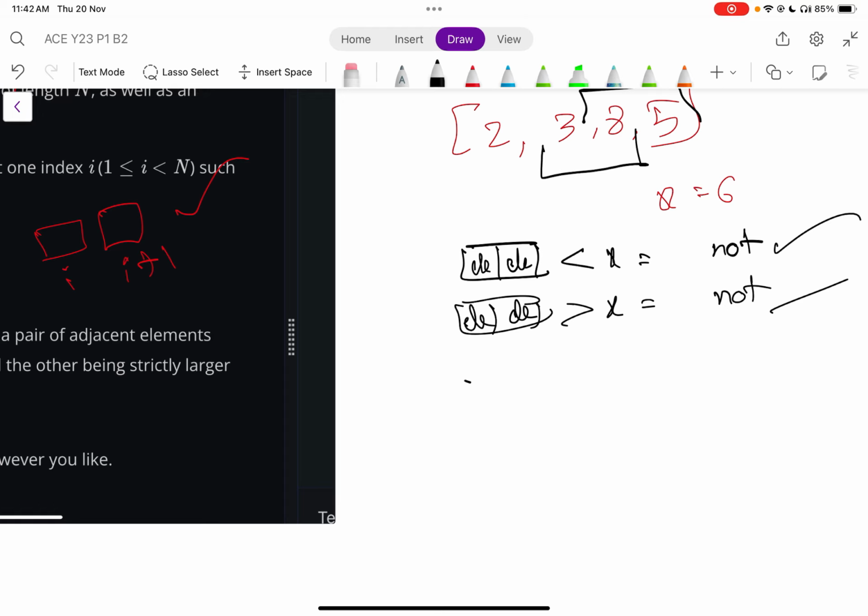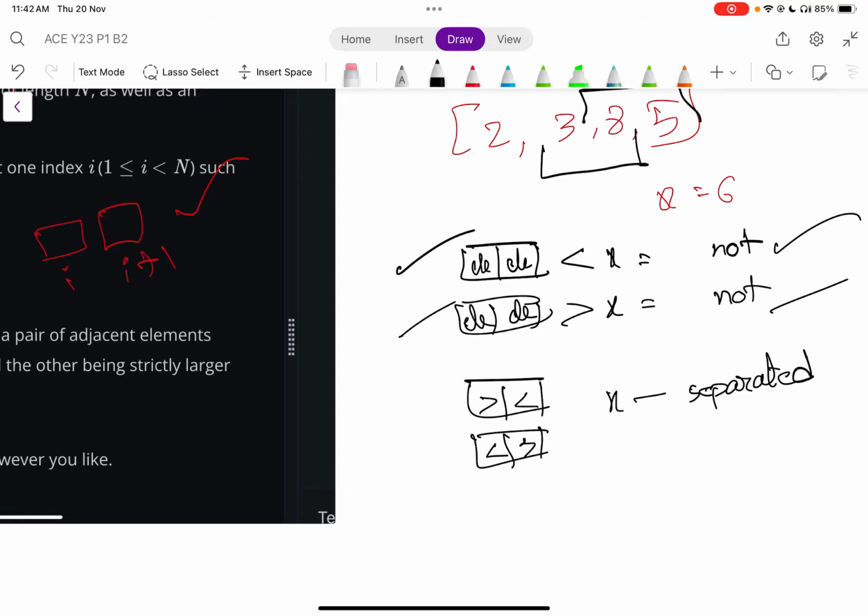So let's come to here. If we have greater elements as well as lesser elements side by side, or vice versa, then the x will be considered a separated number, right? So we can arrange an array in such a way where all greater elements are together and all lesser elements are together, side by side.